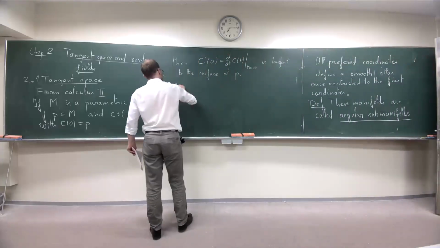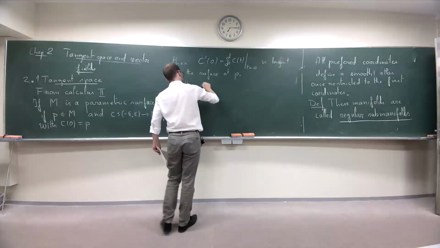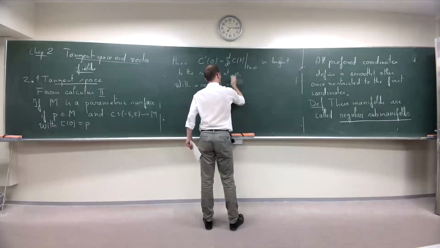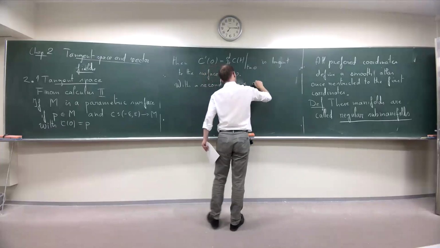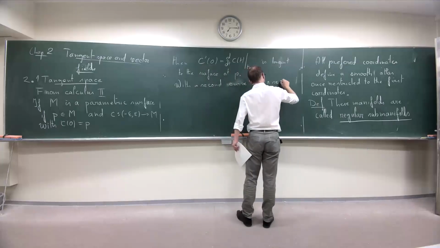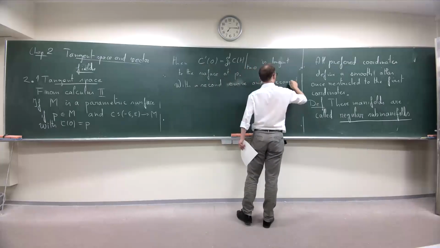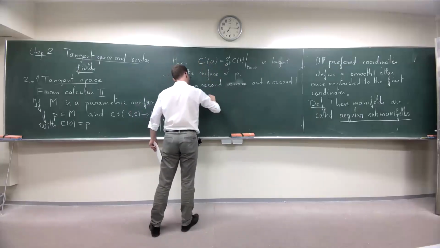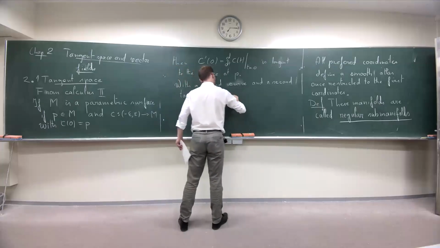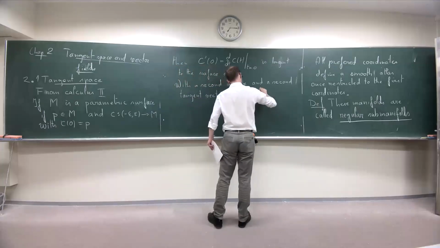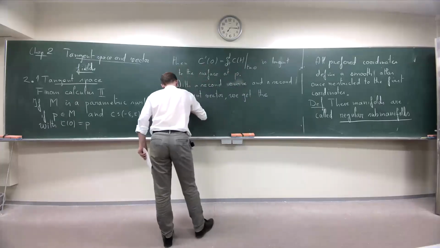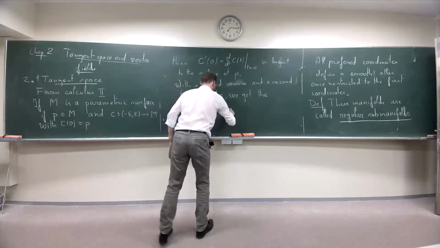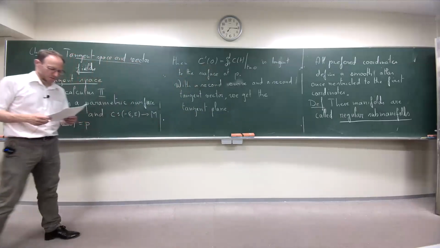With a second curve, a second tangent vector, we get the tangent plane, in good situations, of course.